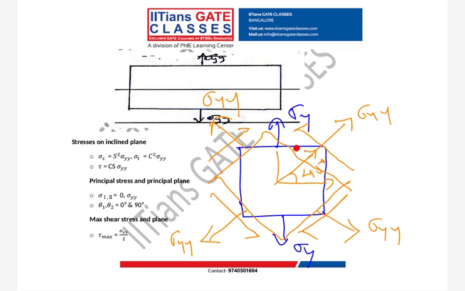On this plane also and this plane also, it is sigma y by 2, not sigma y.